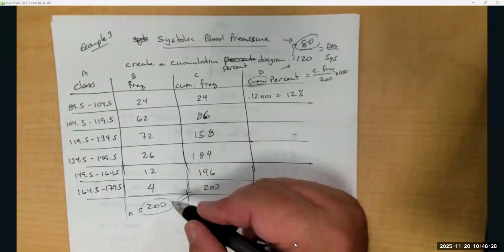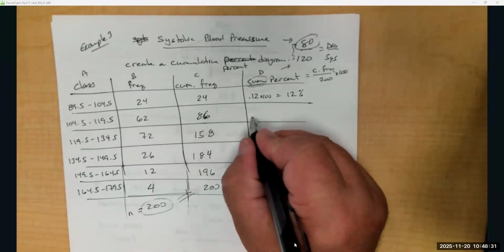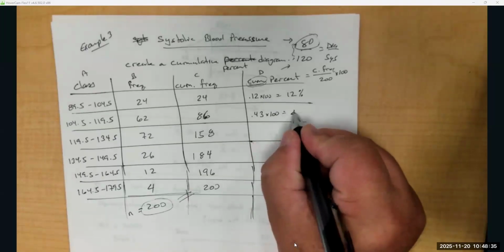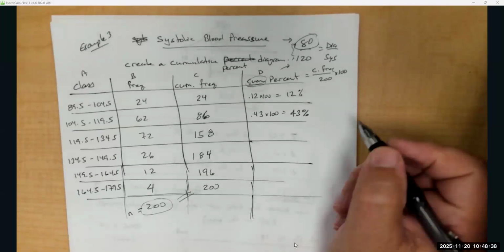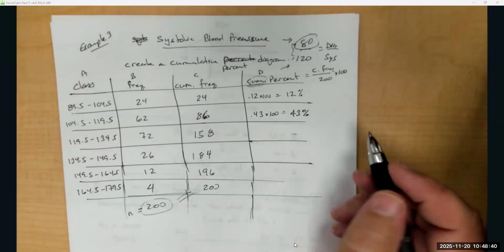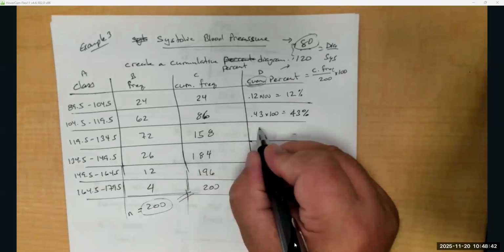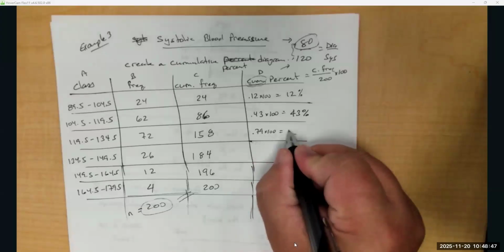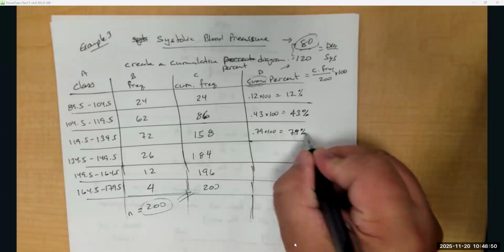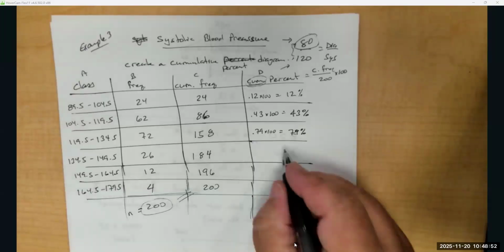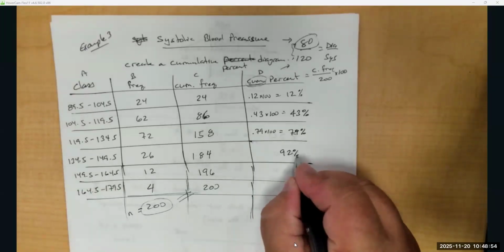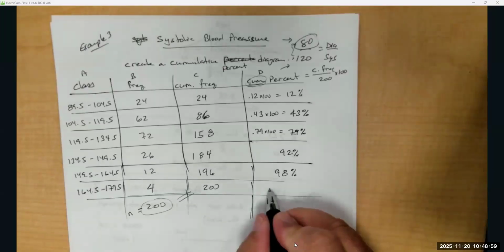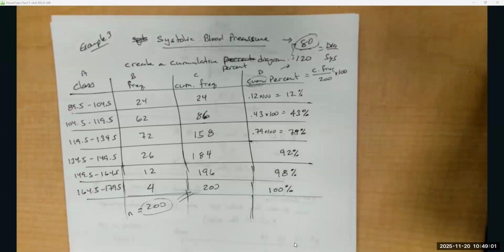Then 86 divided by 200 is 43%. And keep on going from there. So 158 divided by 200 is 0.79, which makes it 79%. Then 92, 98, and 100%.